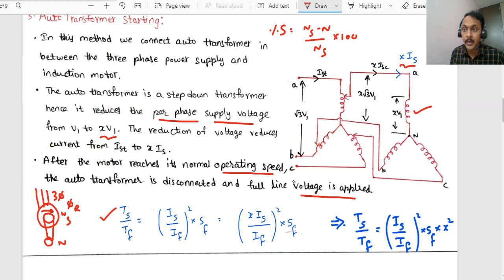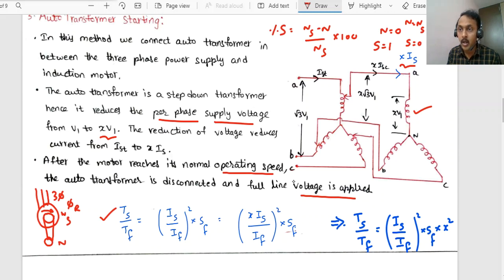For example, if the rotor is stationary, n equals 0, then slip will be 1. If the rotor is moving at synchronous speed, n equals ns, then slip will be 0.